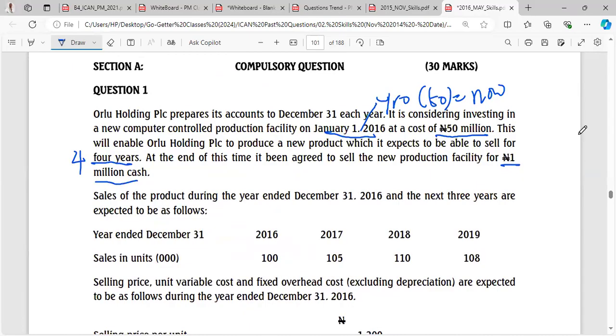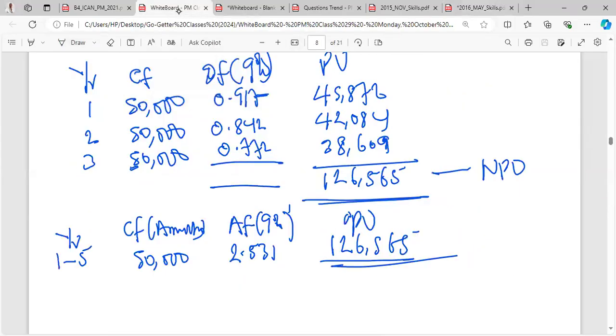You should know that the discounted cash flow gives a better decision for financial capital budgeting decisions. So we are going to be using that, and we will now go to our workings here.